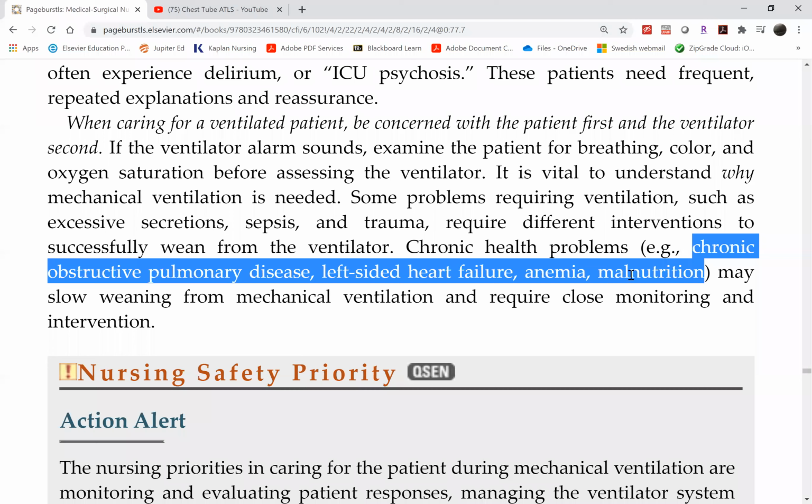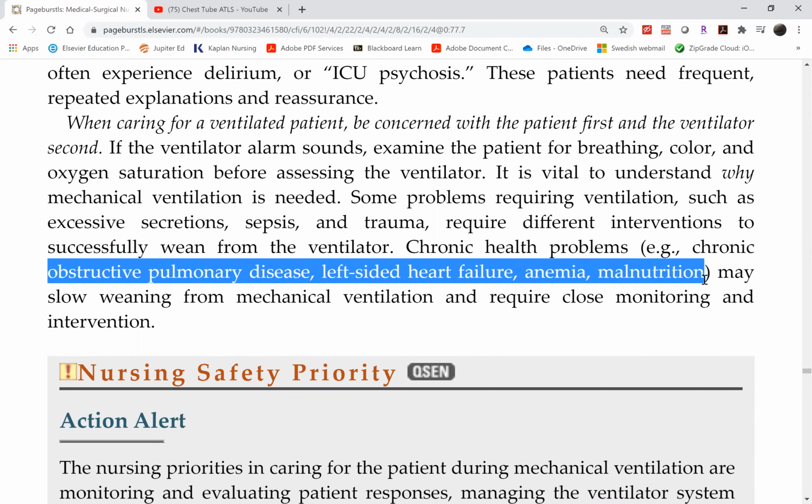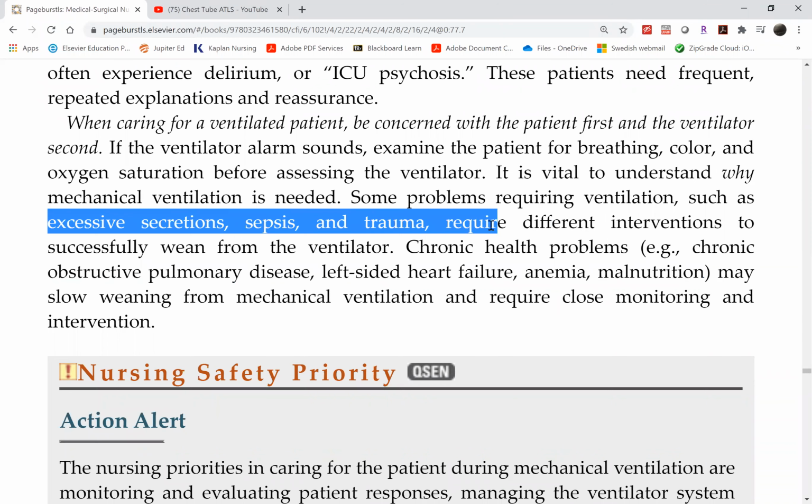So you can see why patients who have these disorders to begin with, before they have been intubated and put on a ventilator, it will be easy to exacerbate these conditions and may cause weaning to be extremely difficult. We will talk about the complications later. These will be mentioned a few pages later.